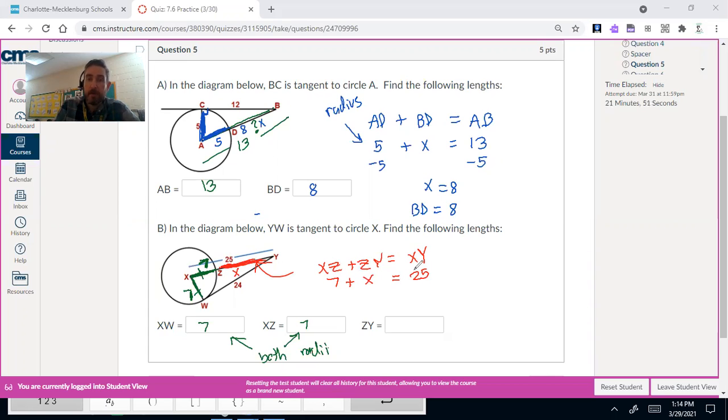ZY is going to be 25 minus 7. That's going to be 18. So we got 18 here. Together they make 25. 18 plus 7 is 25. And then that's 7, because those are both a radius. And Pythagorean theorem, 7 squared plus 24 squared equals 25 squared. Everything checks out.